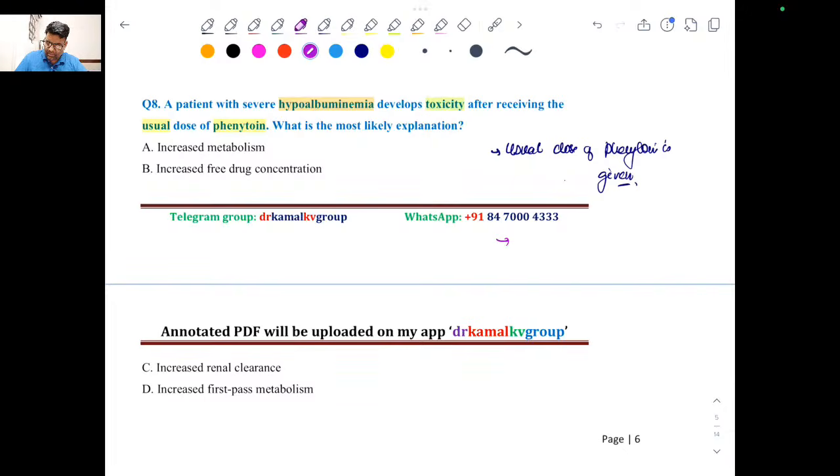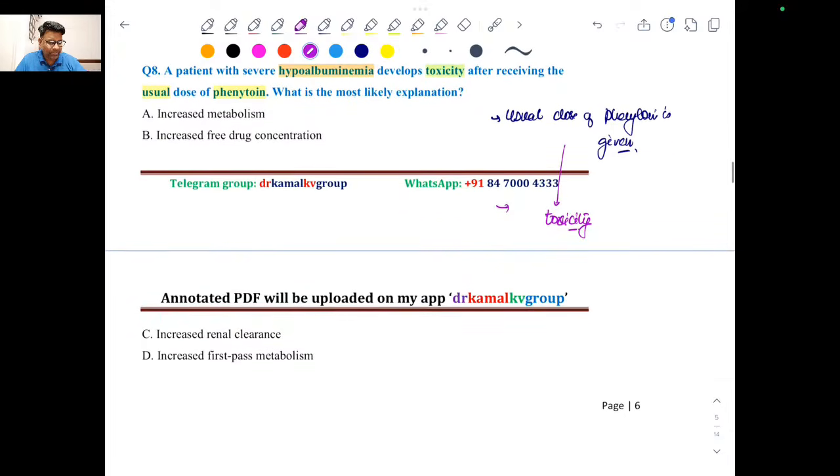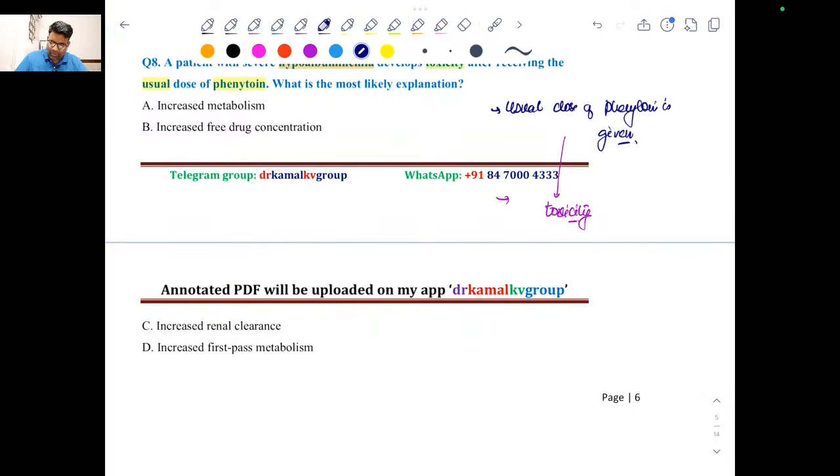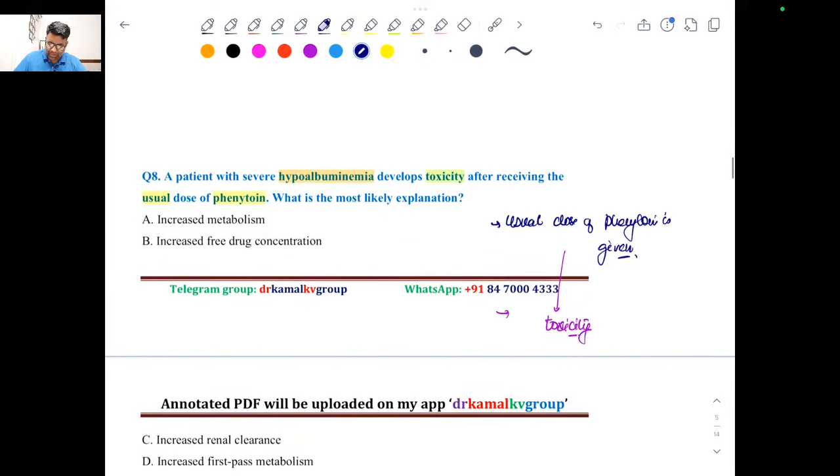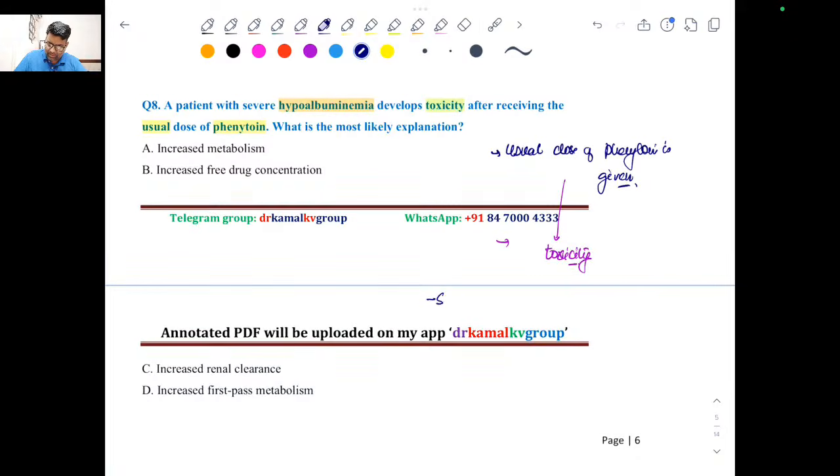But there is toxicity even with that usual dose. Now there is one statement given that there is severe hypoalbuminemia.